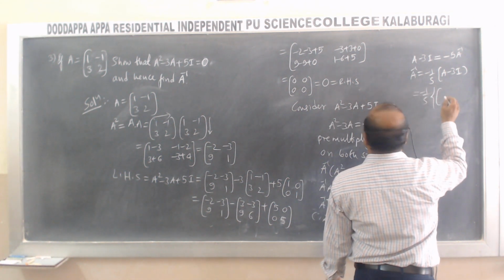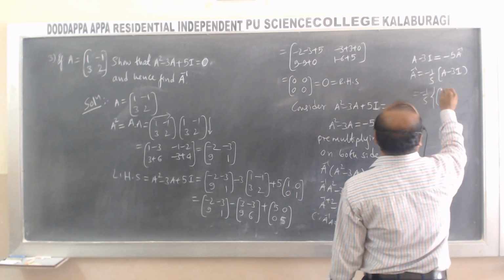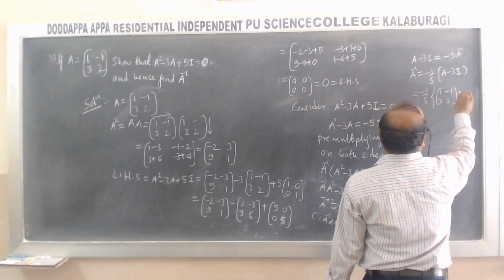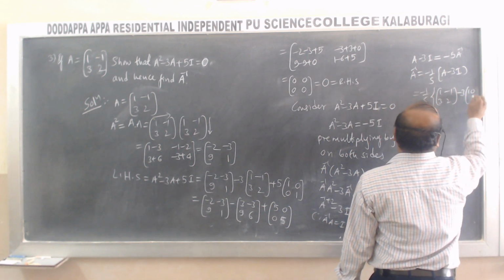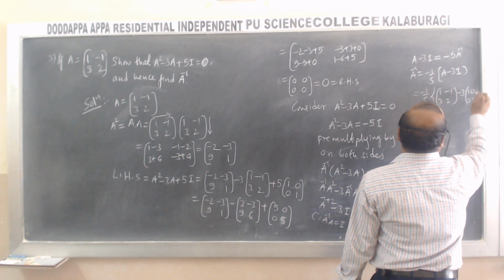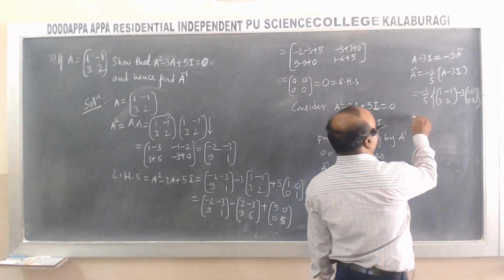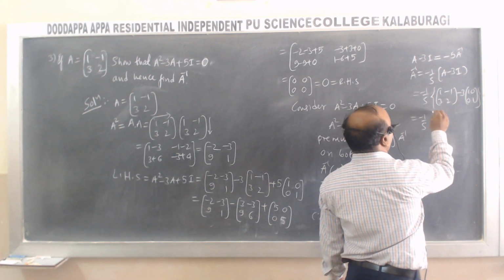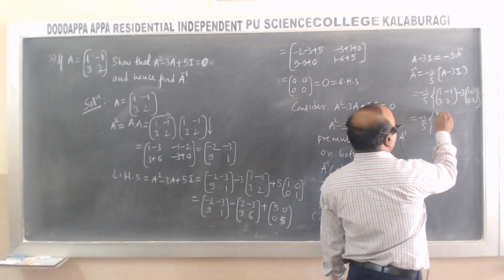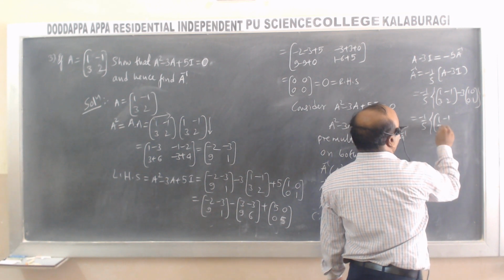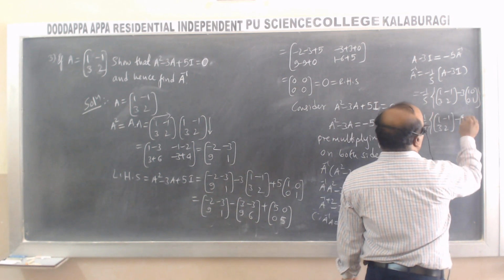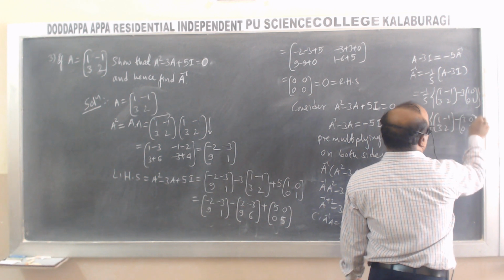A value we substitute [1 -1; 3 2] minus 3, I value [1 0; 0 1]. Now simplifying this, minus 1 by 5 outside into [1 -1; 3 2] minus [3 0; 0 3].